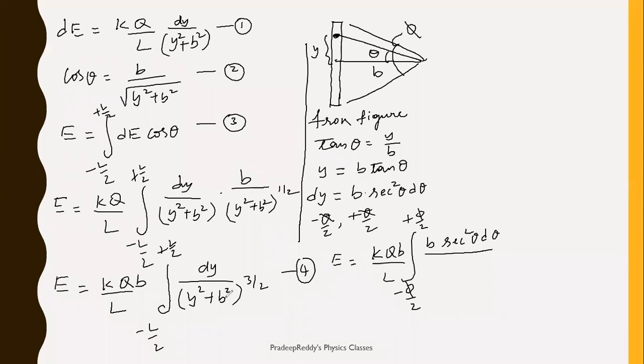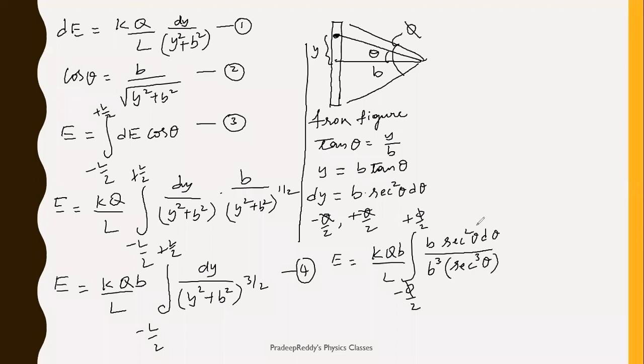B square you can take it out, and (b square) whole power 3 by 2 will be left over. Square gets cancelled. Finally it will be b cube. And here we have y square, it is b square tan square theta plus b square, so tan square theta plus 1. 1 plus tan square theta will be secant square theta. Secant square theta whole power 3 by 2. Square and 2 get cancelled. Remaining will be secant cube theta.